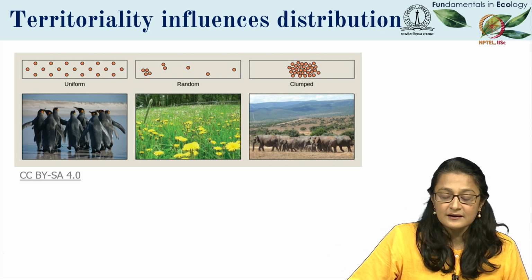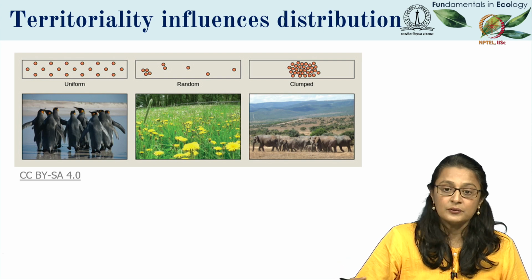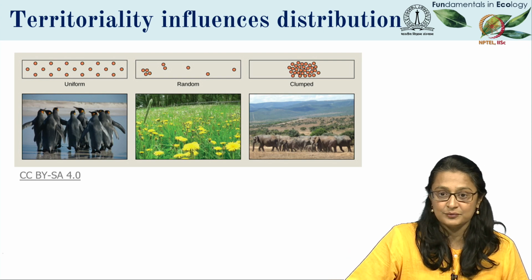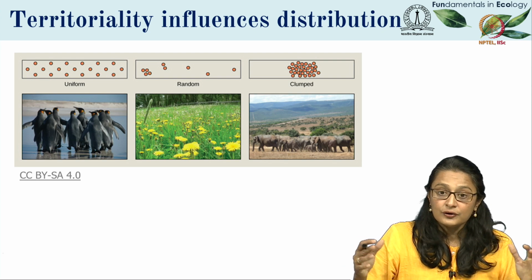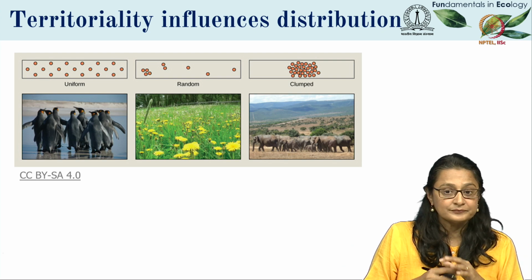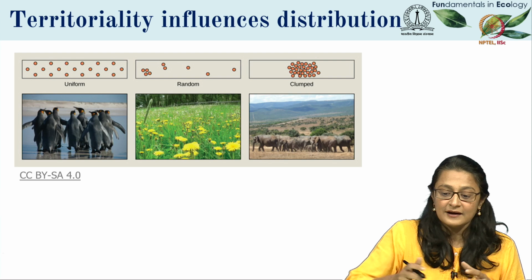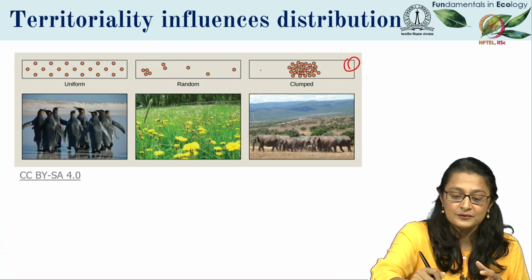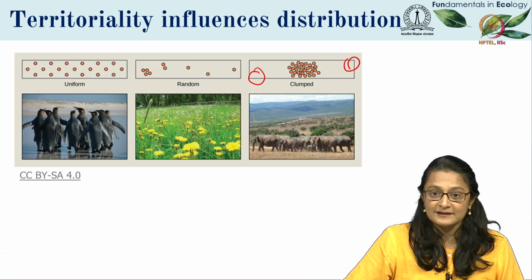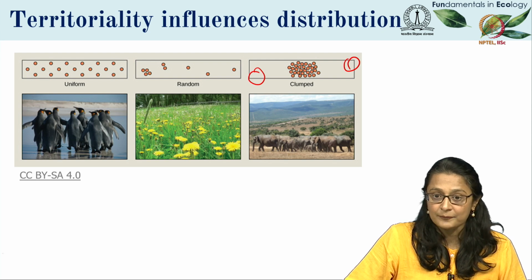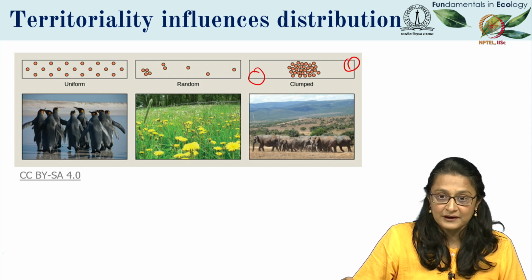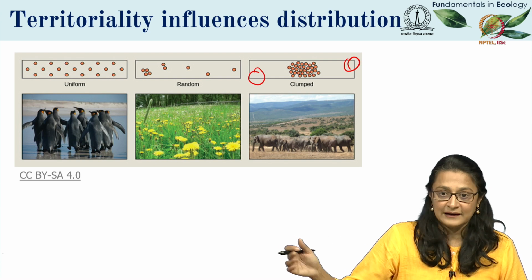Finally, if you see an animal or a plant that has clumped distribution, this suggests that the group of individuals that are clumped don't have competition with each other, but they could have competition with other groups that are also clumped. So clumped distribution could be an outcome of territoriality between clumps.